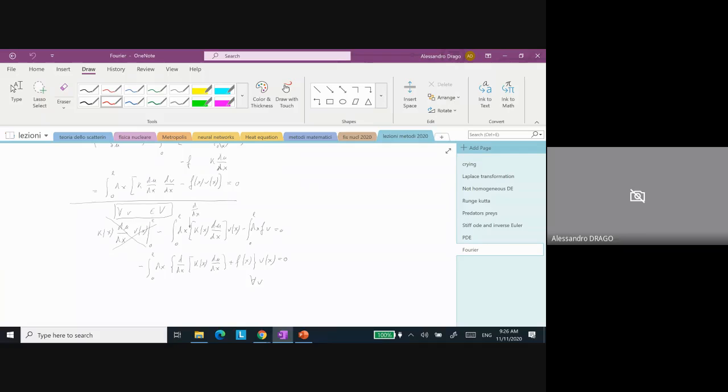Essentially it corresponds to the fact that if you have the mechanics of just one point, the force is just minus the derivative of the potential with respect to x, let's say.